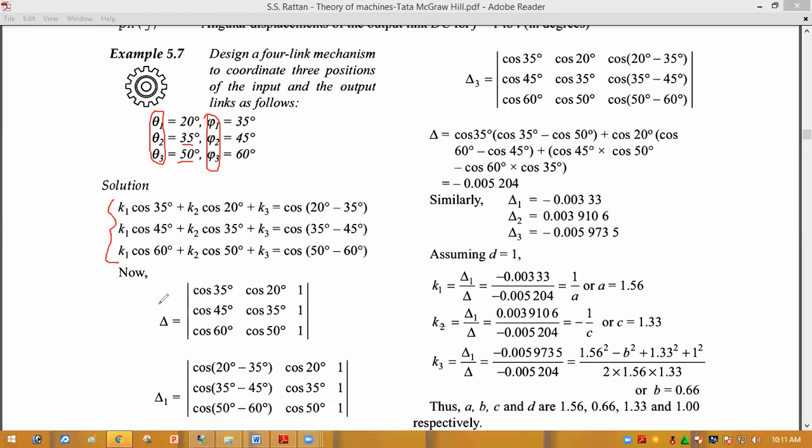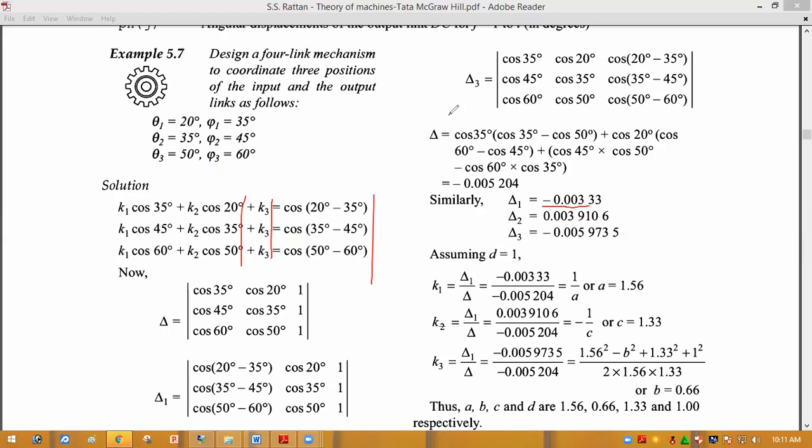So here delta equals, let us take the first column, the second column, and the third one. If we take the modulus of the determinant of this delta, we will be getting minus 0.00524. So this is the value of the determinant of delta. Then delta 1 is equal to, take this column, this column, and the third column. We will be having delta 1 equal to minus 0.00333.